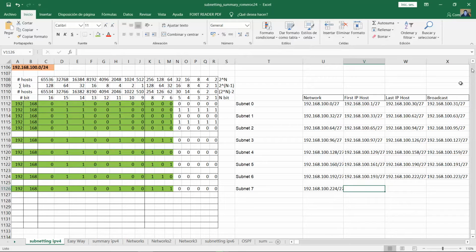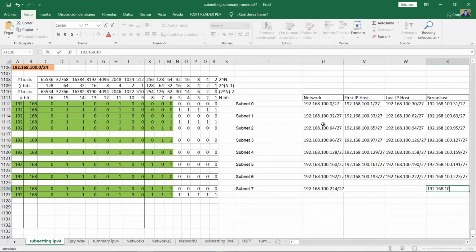And how to know this broadcast? Use another method. Copy this and fill the remaining spaces with ones. And this number is 255, eight ones. 192.168.100.255.27.